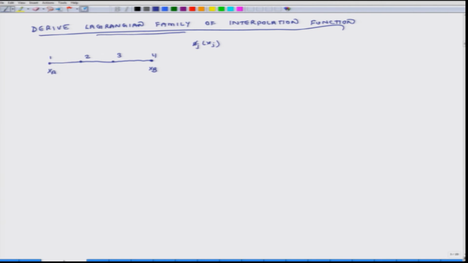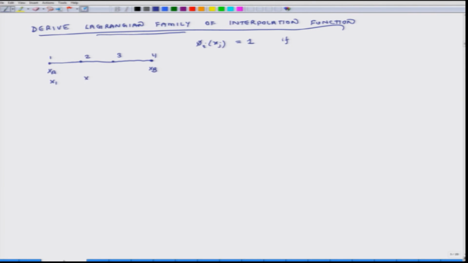And what is the property of these functions? Let me make sure that we get this right.